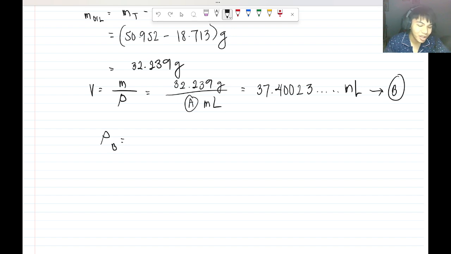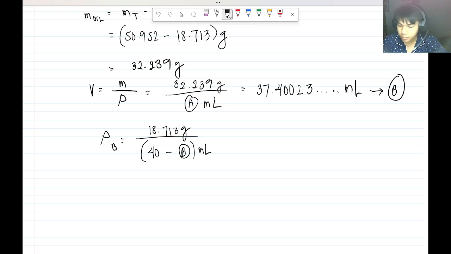Yeah, so that's pretty nice. So we have 18.713 grams, and we have 40 minus the value stored in B. This is in milliliters. So that's 18.713 over 40 minus B.